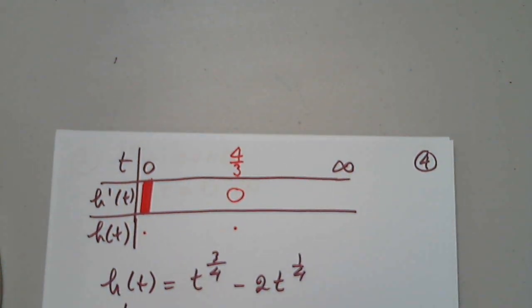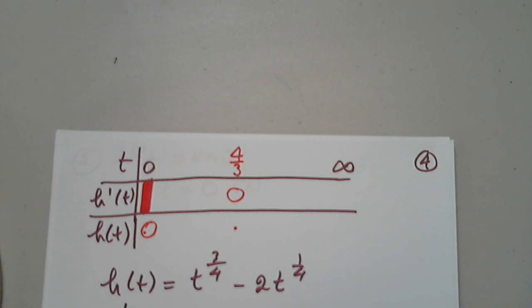I have to find these function values now, always. So I'm going to plug this function in, and when I plug in 0, it turns out it's 0, but I have to plug in 4/3. So I'll share my screen and put it in the function. I have t to power 3 over 4, and then minus 2 t to power 1 over 4.